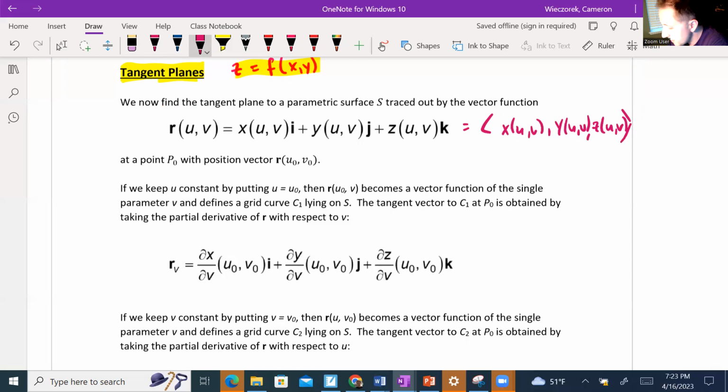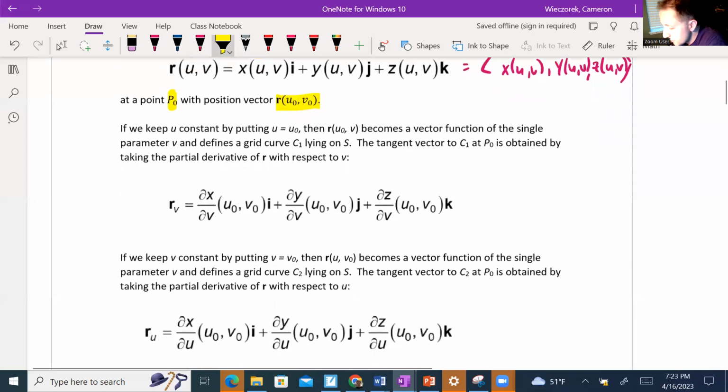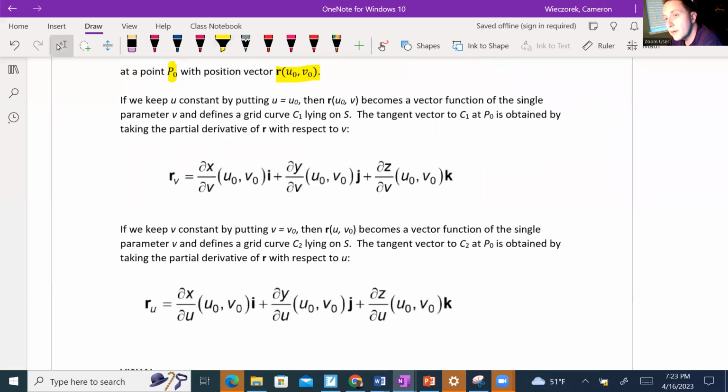Okay, so we want to find a tangent plane to this parametric surface S that's traced out by this vector valued function. We're going to pick a specific point. We'll call it P naught, which has position vector r of u naught, v naught. So the idea is that if we keep u constant, so let's fix a value of u, call it u naught, then really the only variable that's changing is v.